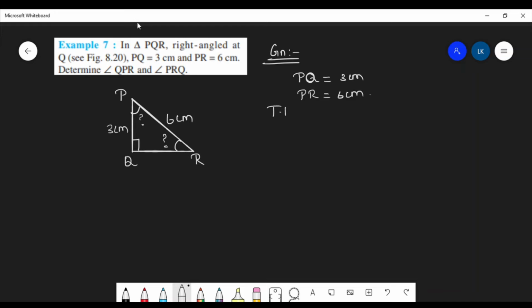And what we have to find? We have to find angle QPR and angle PRQ. And let us go to the solution.